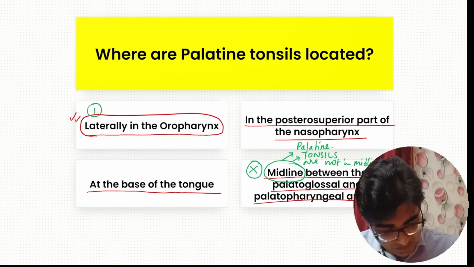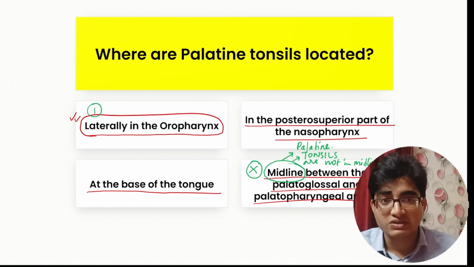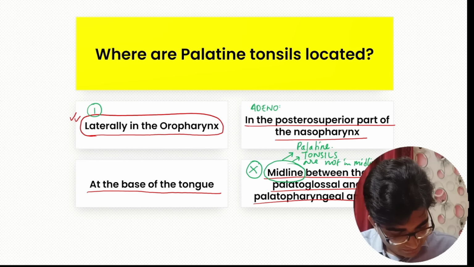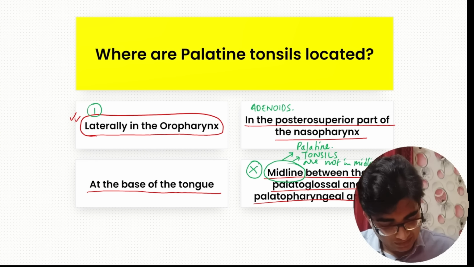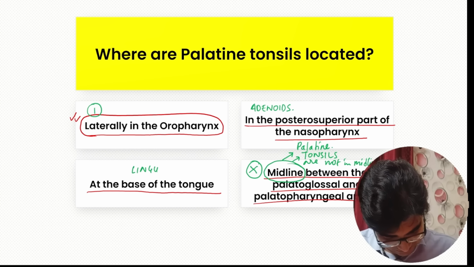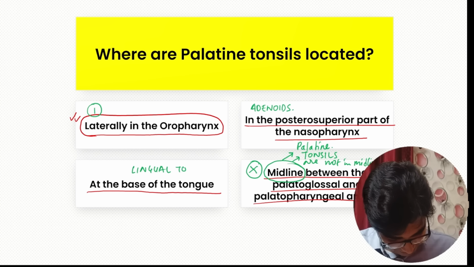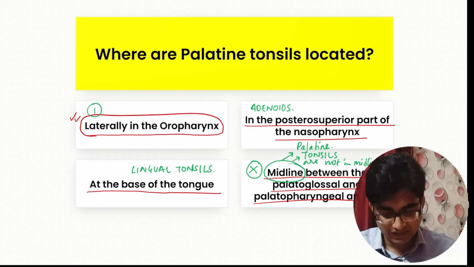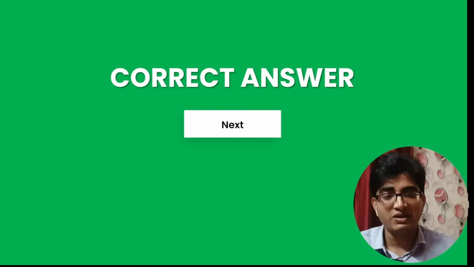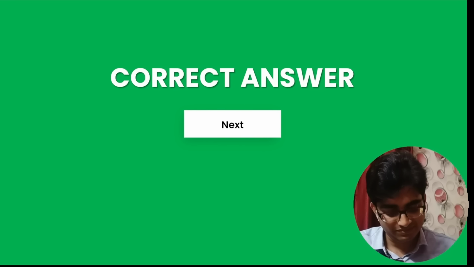If you say in the posterior superior part of the nasopharynx, it is the nasopharyngeal tonsils, also known as the adenoids. Thirdly, at the base of the tongue, it is the lingual tonsils. So this comes to the correct one.